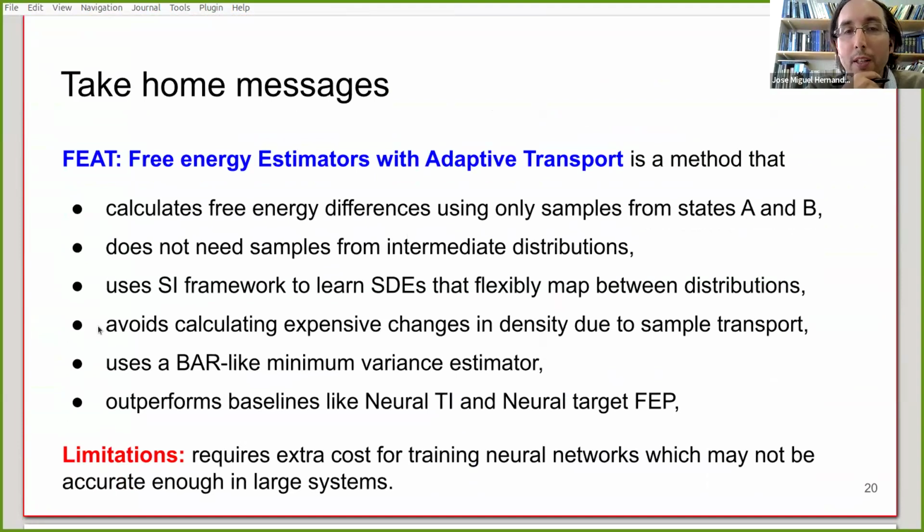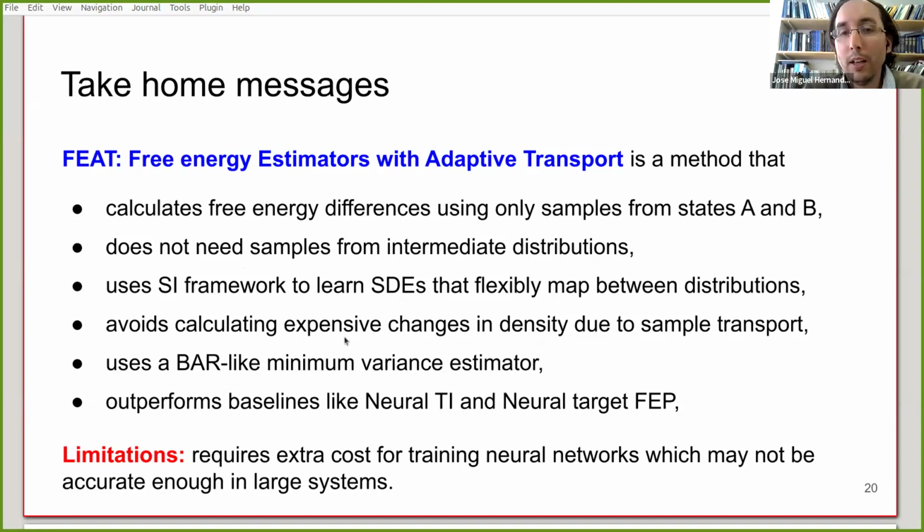We have seen here FEAT, this free energy estimation method with adaptive transport. It calculates free energy differences using only samples from states A and B. It doesn't need samples from intermediate distributions. It uses the stochastic interpolant method to learn these SDEs that are going to map samples from one distribution into the other in a flexible way.